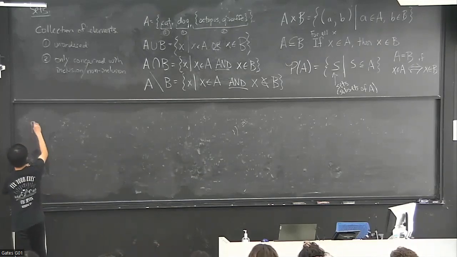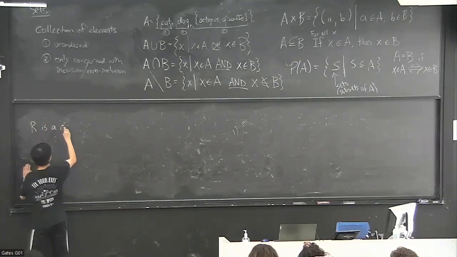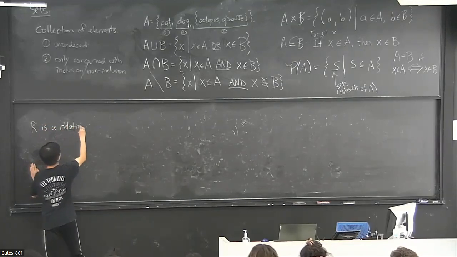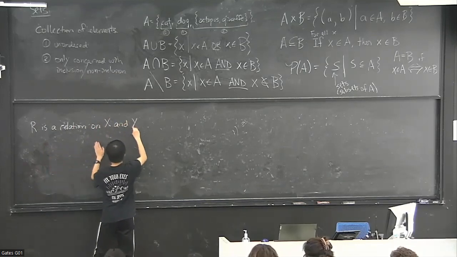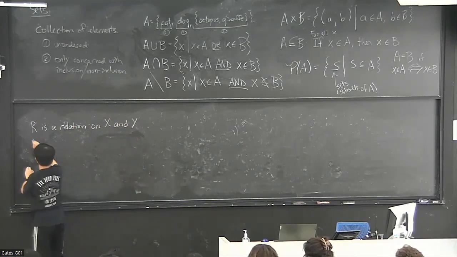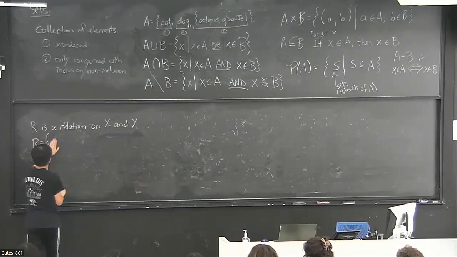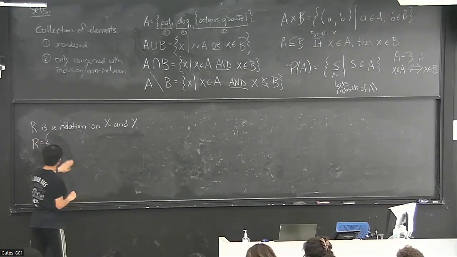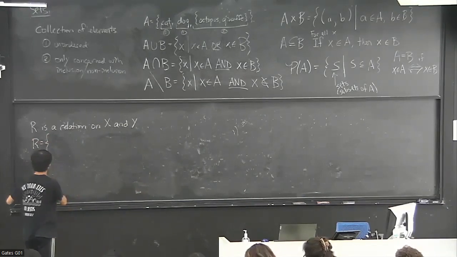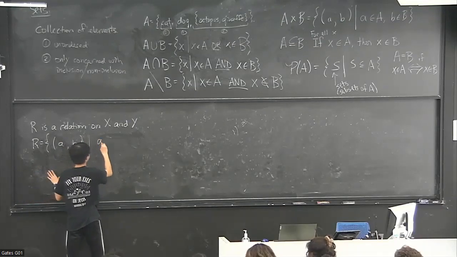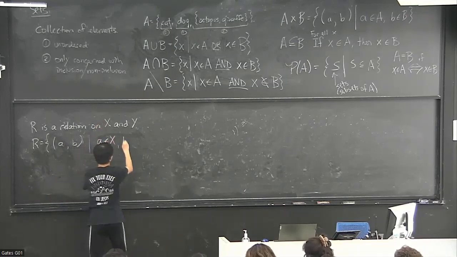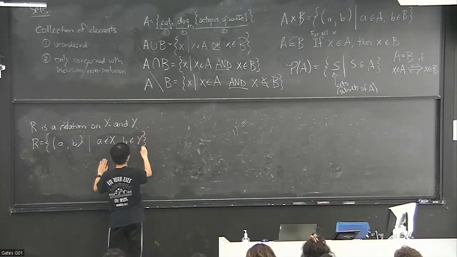If I say R is a relation on X and Y, R is a set. That set is a set of pairs, A, B, where A is in the set X, B is in the set Y.